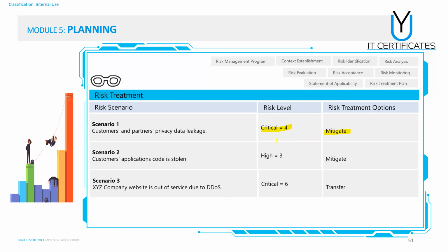But of course now we are smart enough because we have the risk levels, and we can understand that the priority for the controls goes to the scenario with risk level 4 because it is higher than the one with 3. If I have a little budget and I have to prioritize the risks and the controls, then I have to choose the highest scenario. Of course, here this is 6 and it is the highest one, so I have to start with this one.